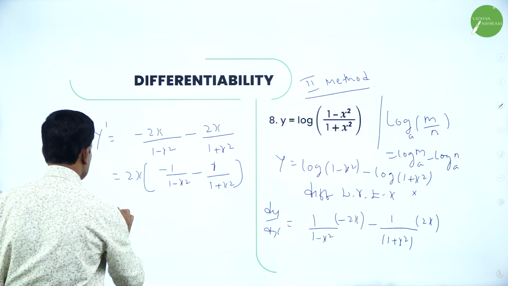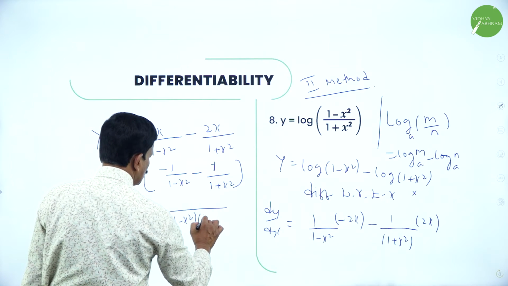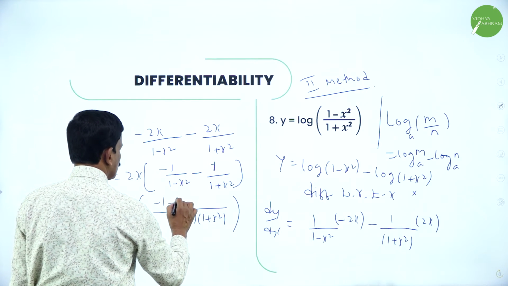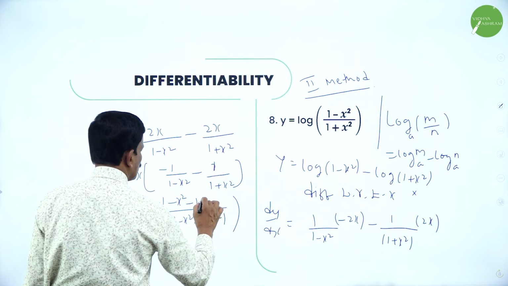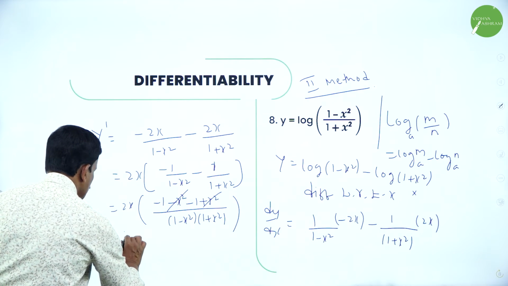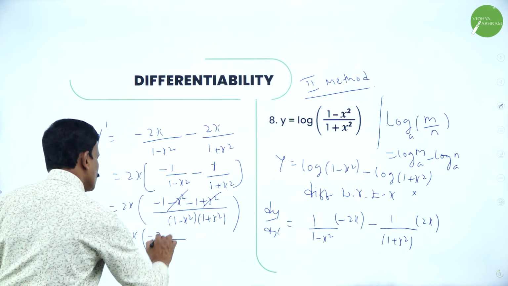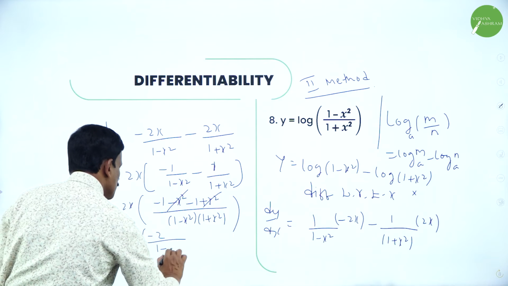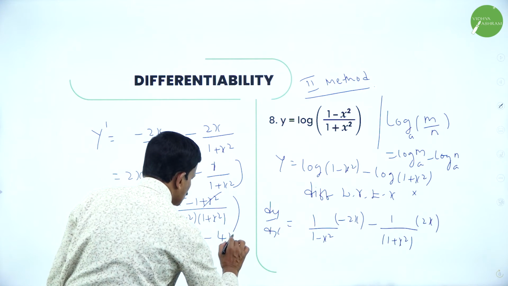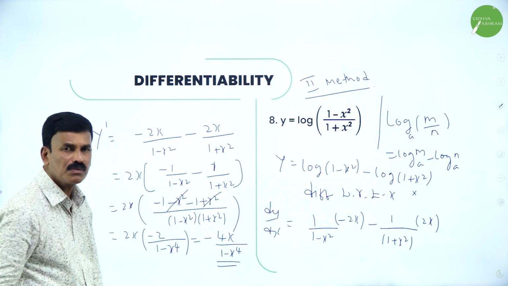Now, take LCM and simplify, 2x into, now you can take 1 minus x square into 1 plus x square as the LCM, cross multiplied, minus 1 minus x square, minus 1 minus into minus plus x square, minus x square plus x square gets cancelled, this is 2x into minus 1 is minus 2 divided by 1 minus into minus plus x square into x square is x to the power of 4, this is equal to minus 4x divided by 1 minus x to the power of 4 is the simplified answer.